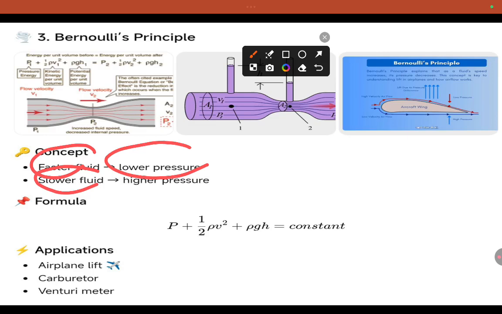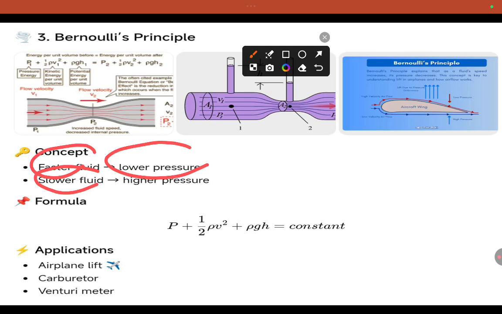Aeroplanes work on it, and in our room the calendar or papers float because of the effect of air. That is the concept of Bernoulli. During the summer season, huts' roofs or sheets float in the presence of heavy air, which is also Bernoulli's concept.